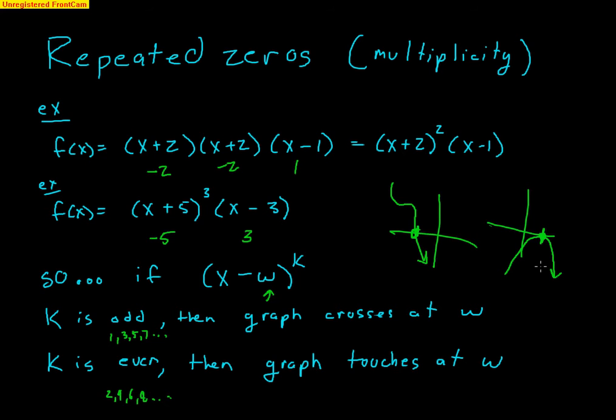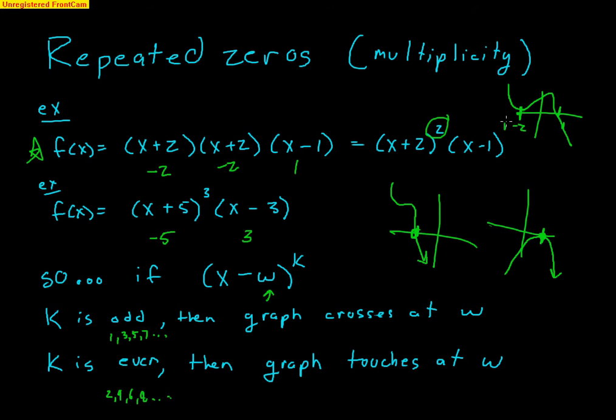That would be an even multiplicity. So in this example right here, where negative 2 is repeated twice, since repeated twice is an even amount, then at negative 2, I don't cross, I just touch. So, in this particular graph, here's negative 2, and here is positive 1. Again, not really great to scale, but you get the idea of my 2 pictures. So I must look something like this, where I touch here, and then I do something else, and then I come back and cross it once.